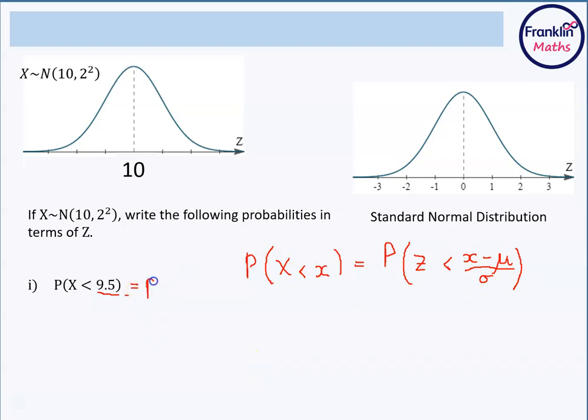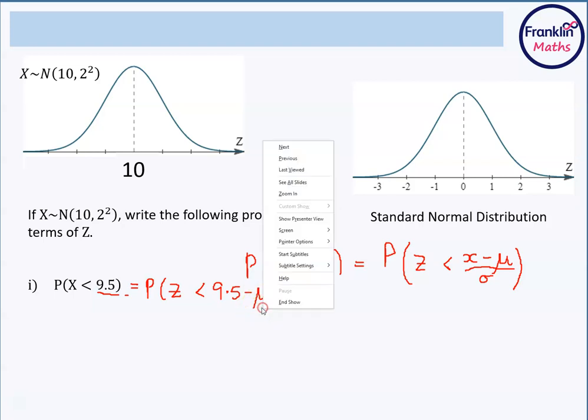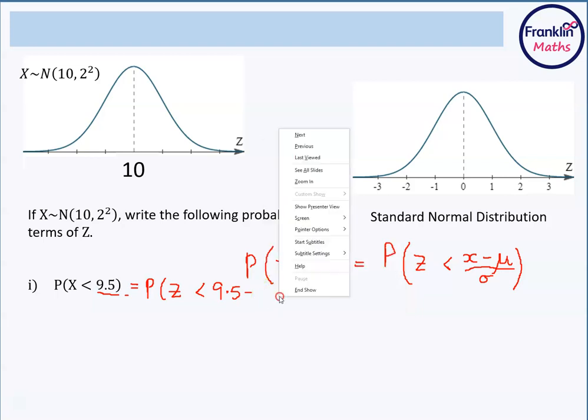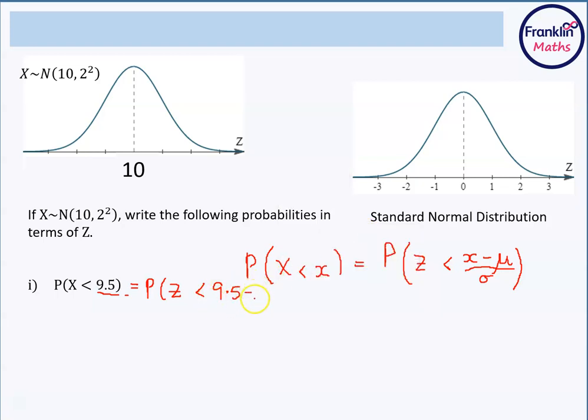So this is the same as saying the probability of the z value is less than 9.5, subtract mu, which for some reason I've not written what it actually is. I'll just change that quickly. So mu in this case is 10, and we're dividing through by 2.